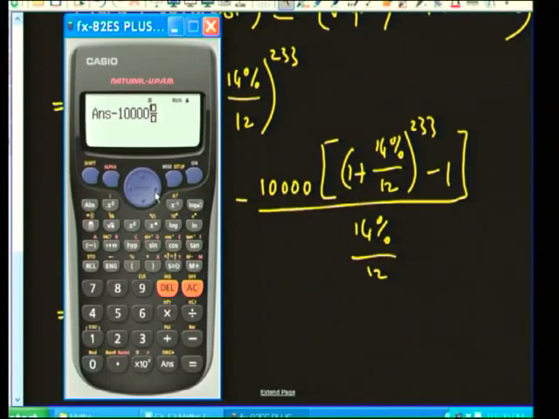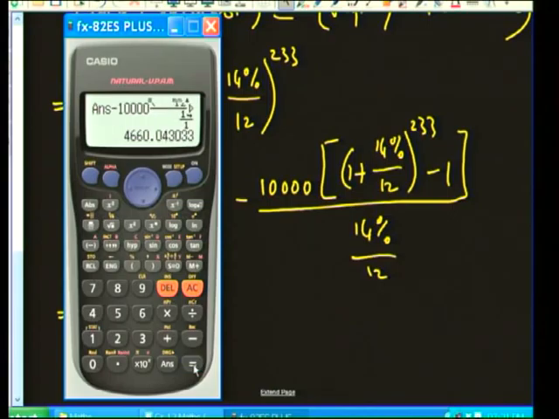Okay, into here we go. 1 plus our 14%, and that's happening every month, and that's going to be to the power 233, and I'm going to subtract 1 at the top there, and at the bottom I'm going to have another fraction sign, and we've got our 14%, our I, it's happening at that every month.